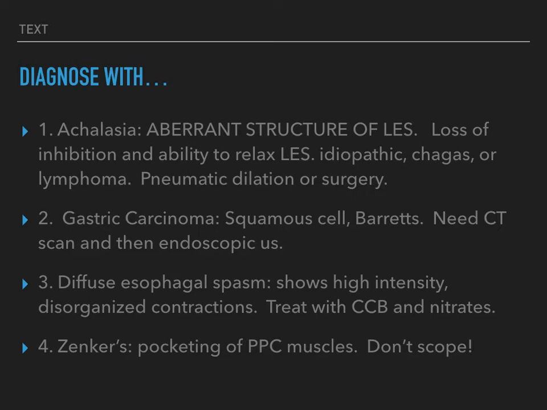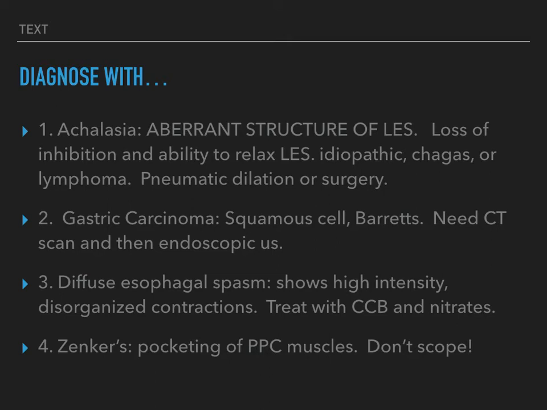And Zenker's diverticulum is the presentation of bad breath on regurgitation of food, and it's caused by the pocketing of the posterior pharyngeal constrictor muscles. And this one, I mean, you're not supposed to begin with the scope, but you really don't want to begin with the scope in this case, because if you perforate, you would cause Boerhaave, which is the thing that we're always afraid of.